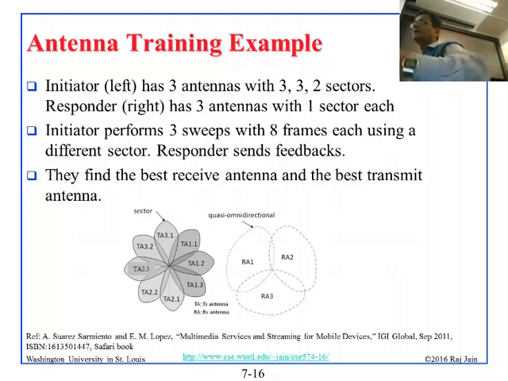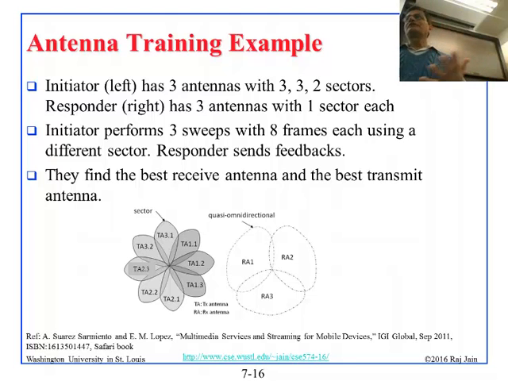So all possible combinations have been tried. After these 24 combinations, we will know which is the best direction for the antenna. For this one, it will know that it should be antenna 1 in configuration 2, sector 2. And this will figure out that this is antenna 1, sector 1.